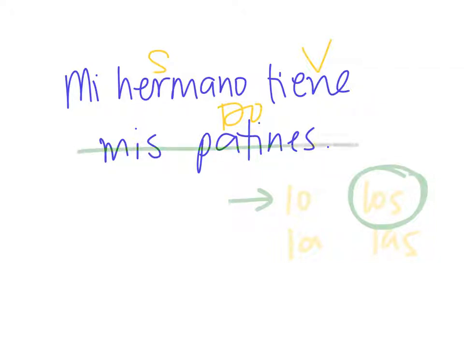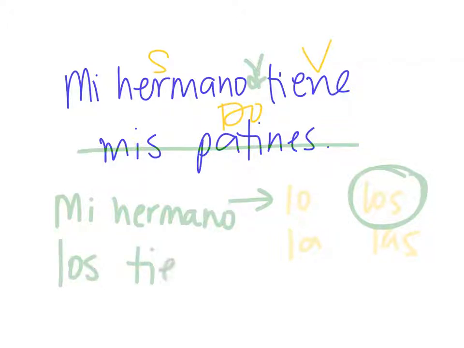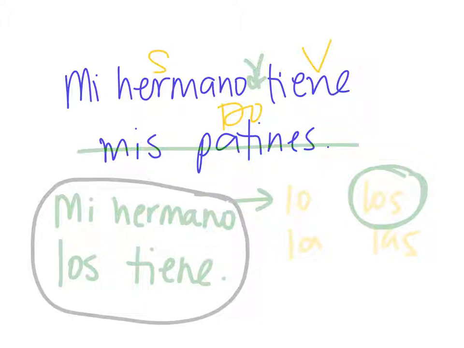So we get rid of patines, and it would be mi hermano los tiene. And that's our new sentence, where the direct object is changed into a pronoun.